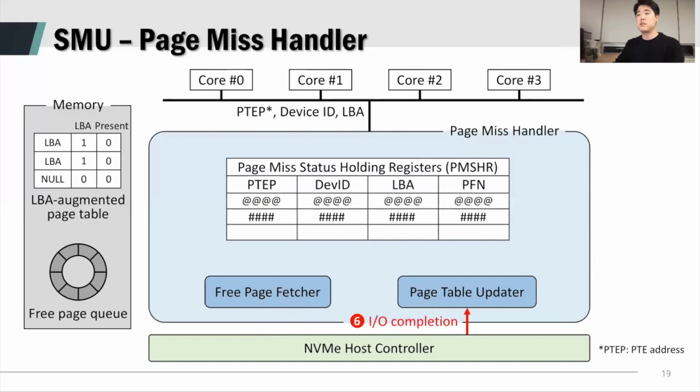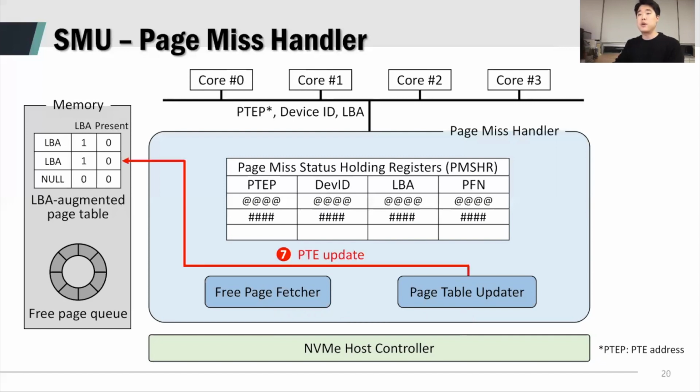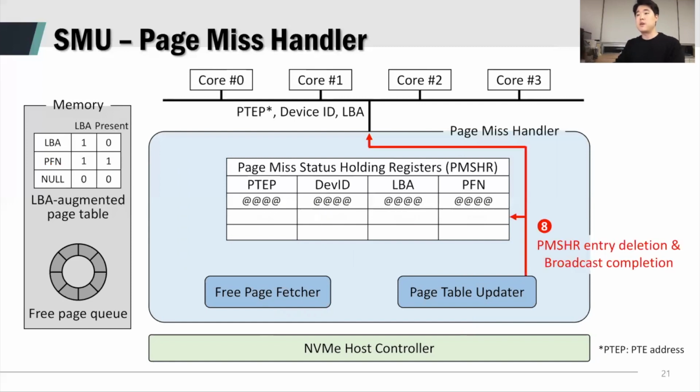When the page mishandler receives a notification of I/O completion from the NVMe host controller, the page table updater updates the PTE. The LBA field of the PTE is changed to the page frame number and the present bit becomes 1. Finally, the PMSHR entry is freed and the SMU broadcasts a message to notify cores of completion of page mishandling.